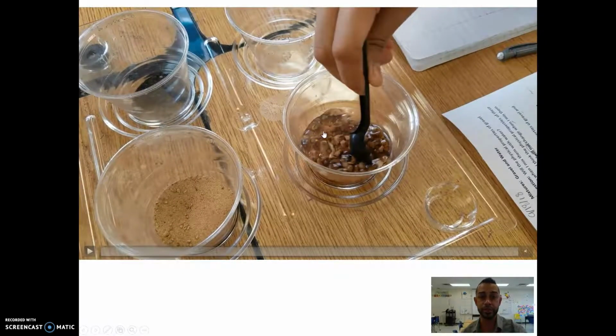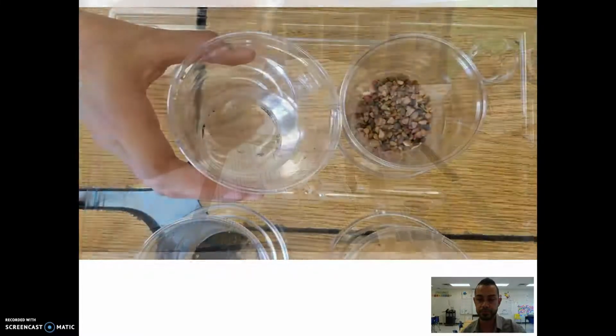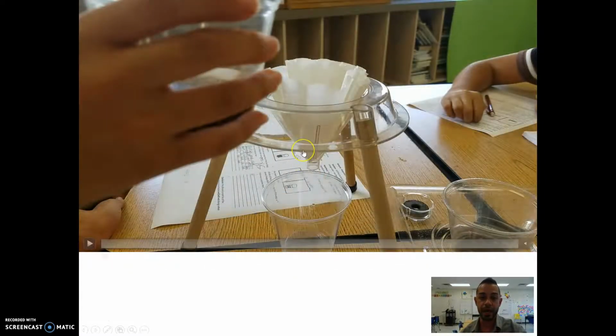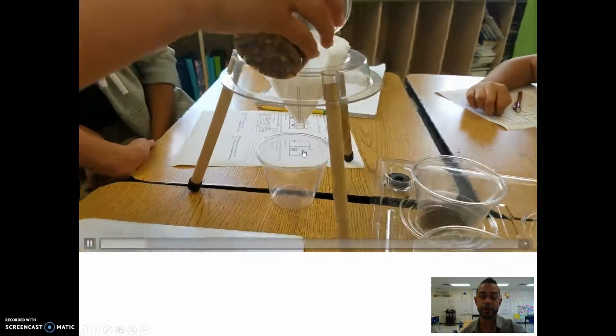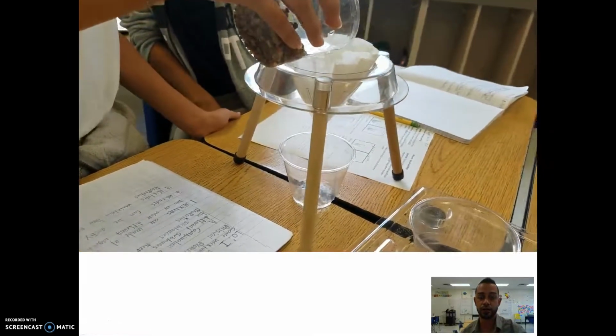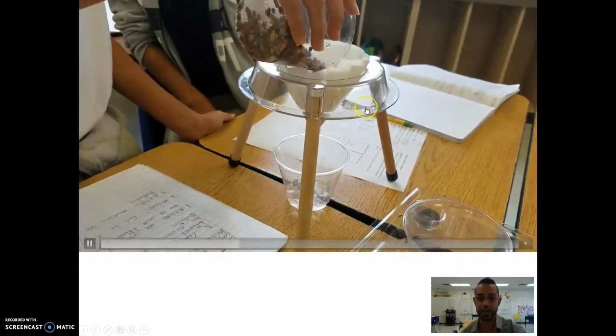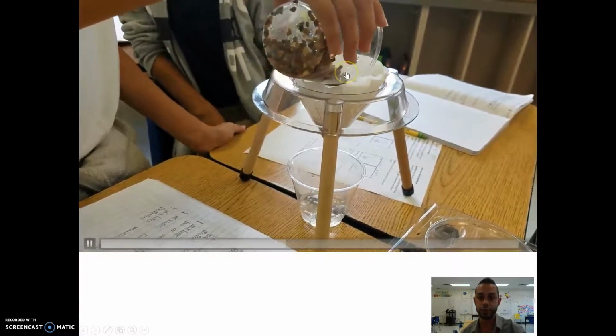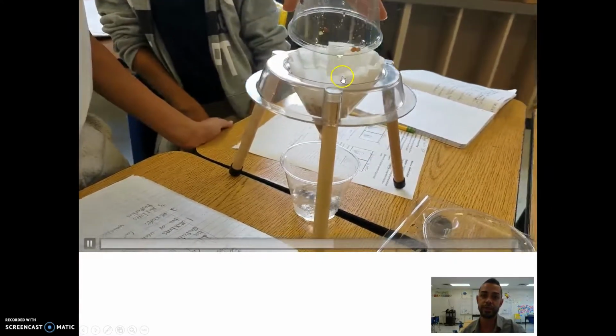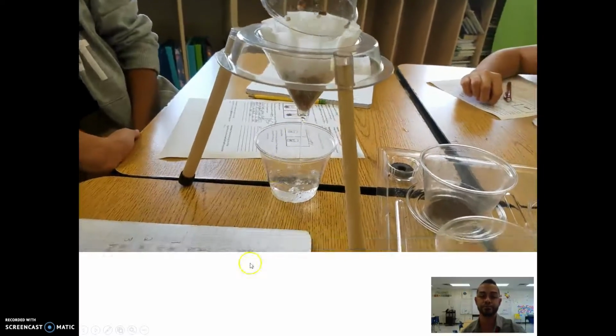The water is going to still be water and the rocks won't change. So this is the proof that mixtures maintain their physical properties. And a very easy way to separate the water from the gravel is using a funnel, and the funnel has a filter. The filter is used to separate liquids from solids.